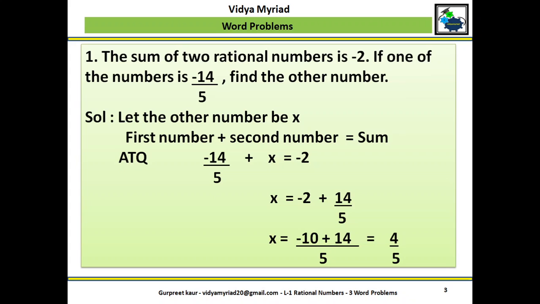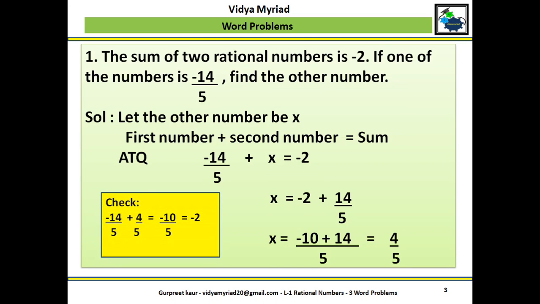Now the question that arises here is whether 4 upon 5 is my right answer or not. To make sure, I can do a check. What I will do here is put the value 4 upon 5 in place of x. So it will become minus 14 upon 5 plus 4 upon 5.